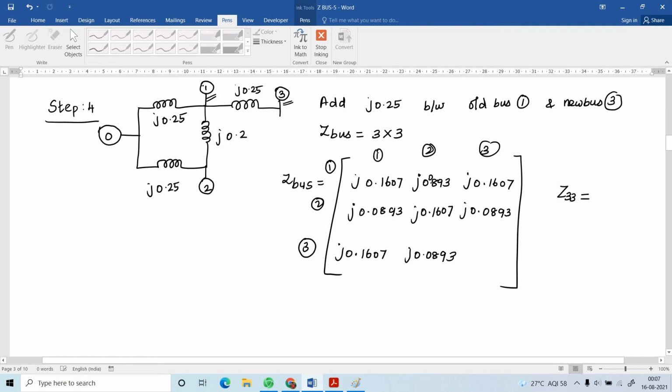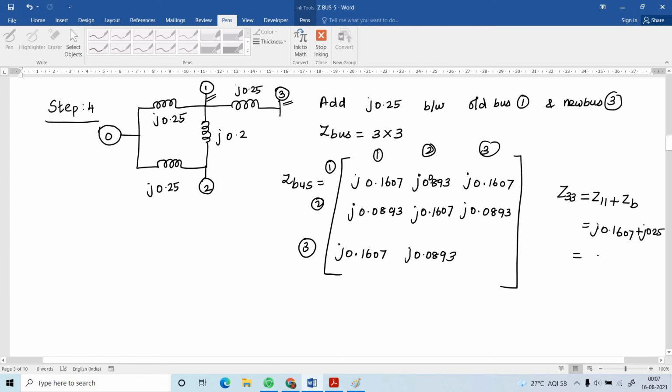Z33 is, see, bus number 1 and bus number 3 are connected. So how to write: Z11 plus the element connected between 1 and 3, taken as ZB. What is Z11? That is J0.1607 plus J0.25.